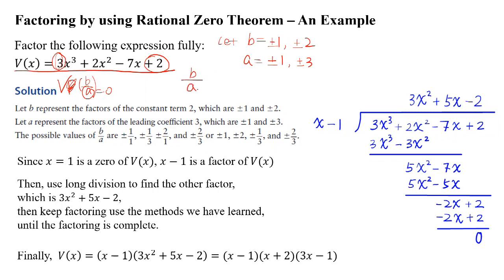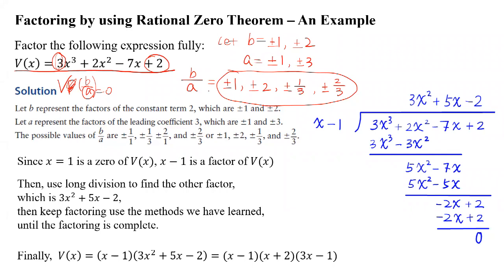So all possible values of b over a are positive or negative 1, or 2, or positive or negative 1 over 3, or positive or negative 2 over 3, right? These are the possible values we need to check to see if they can make V(x) be 0, right?